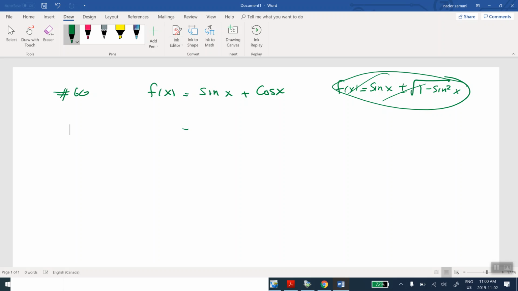So what I'm going to do is look at it differently. So sine of x times, for example, I'll write this thing as a cosine of, let me see now.